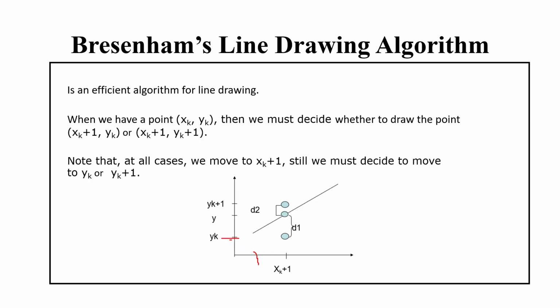For the next coordinate xk plus 1, I have to choose either this point or this point, that is yk or yk plus 1. I don't know which one to select. So let me keep a point here in the middle between these two. The distance between y minus yk is d1, and the distance between yk plus 1 minus y is d2.